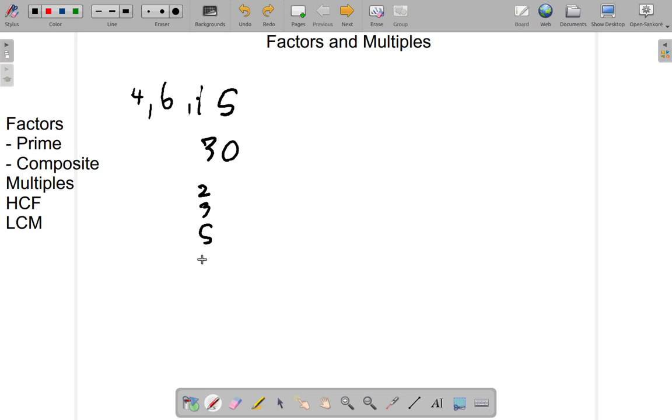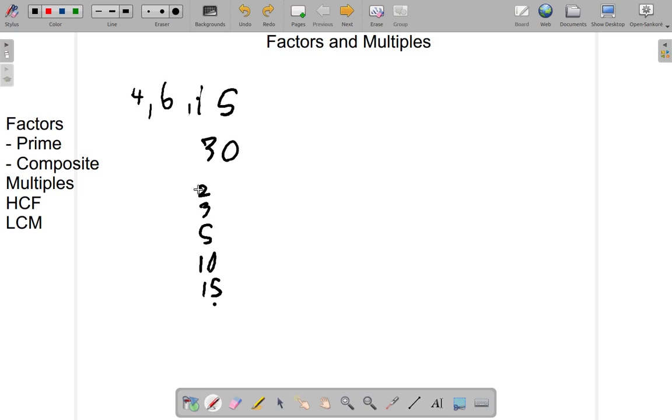We know that 10 can be divided into 30 because 10 multiplied by 3 gives you 30. We know that 15 is a factor because 15 times 2 gives you 30. We have reached the half of 30, so there are no more.